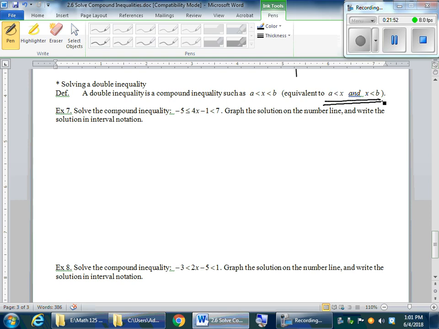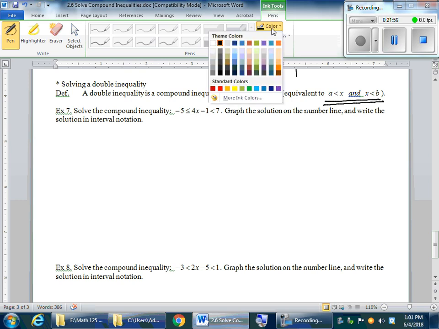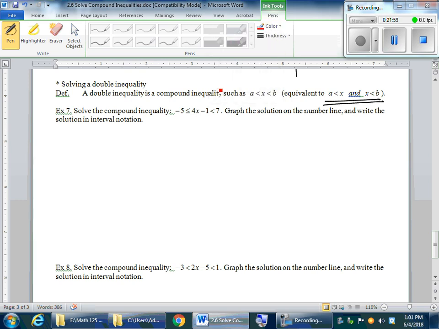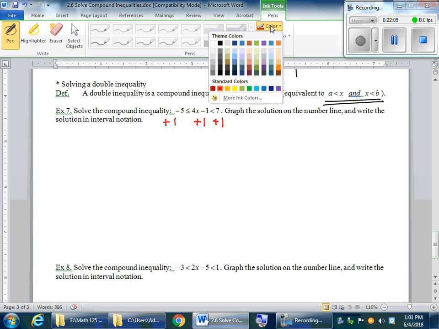So meaning, for this one, if I want to solve for variable x, meaning isolating x in the middle, then I need to add 1, and I need to add 1 to the right-hand side and also add 1 to the left-hand part. All three parts of the inequality, you have to add.